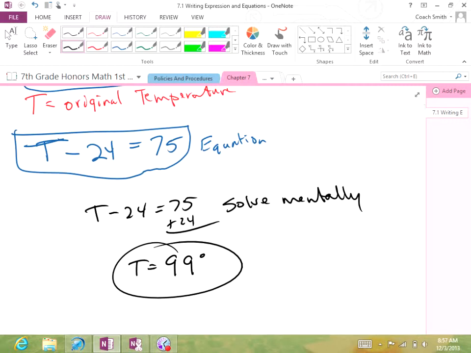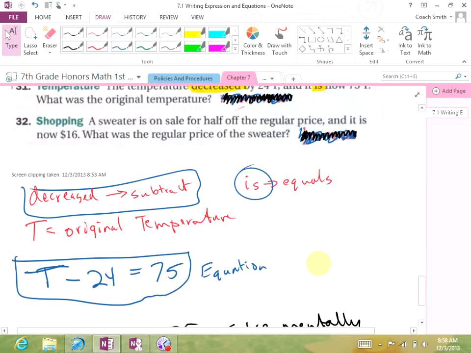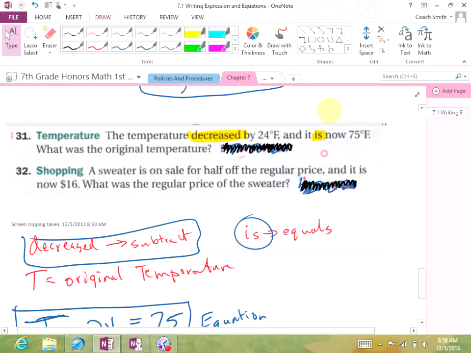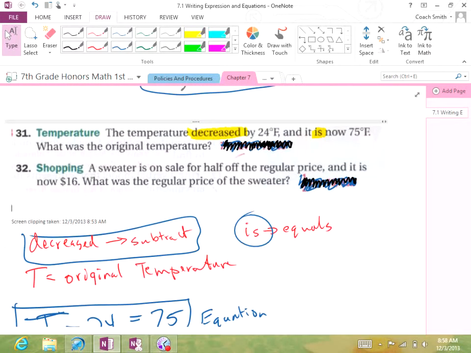You will have to have both of them for your answer to be correct. Okay, so now that we've done that one, I want you to look at 32 and try to simplify or solve it. Write the equation and then simplify it.